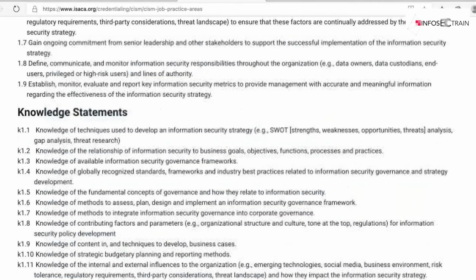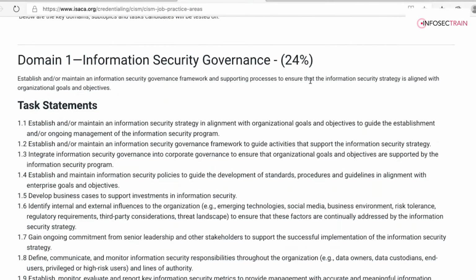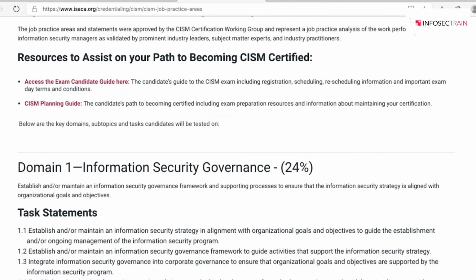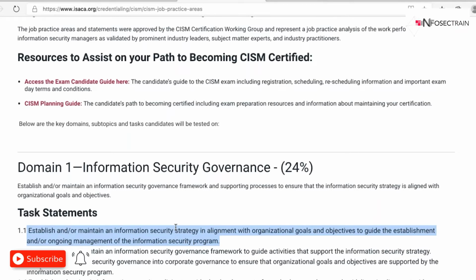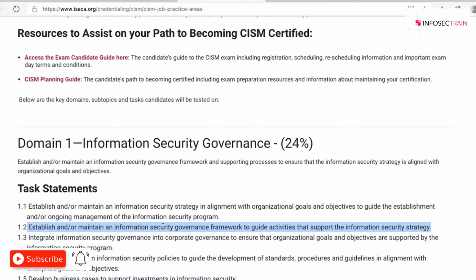Okay, for example, let's take a look at a few on here. It says establish and or maintain an information security strategy in alignment with organizational goals and objectives to guide the establishment and ongoing management of the information security program. It says establish or maintain an information security governance framework to guide activities that support the information security strategy.